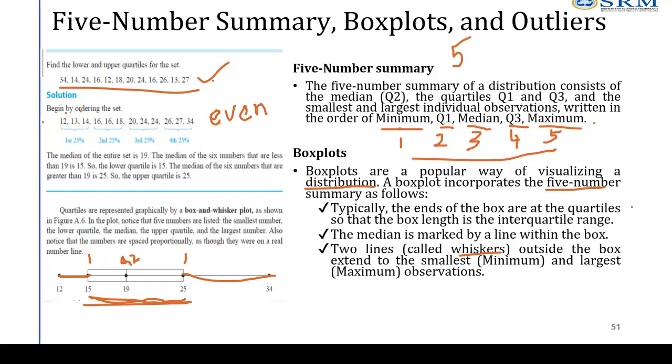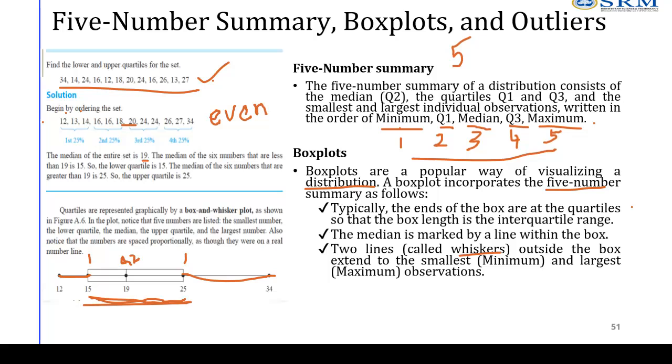If I have an even set, these two will form the median. So the median will be 18 plus 20 divided by 2, which is 19. The median for the whole set will be 19.